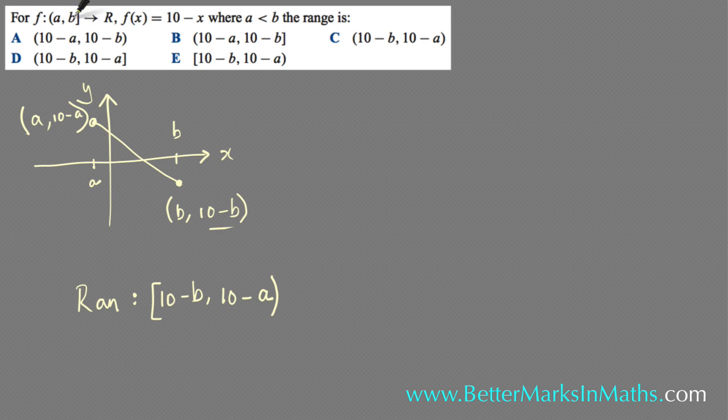This is the lowest x value, this is the highest, and they sometimes assume that the lowest x value will give the lowest y value, and the highest x value in the domain will give the highest y value. Without sketching it, they're making a false assumption, and that's why it's important to draw the graph as I've done with this type of question.